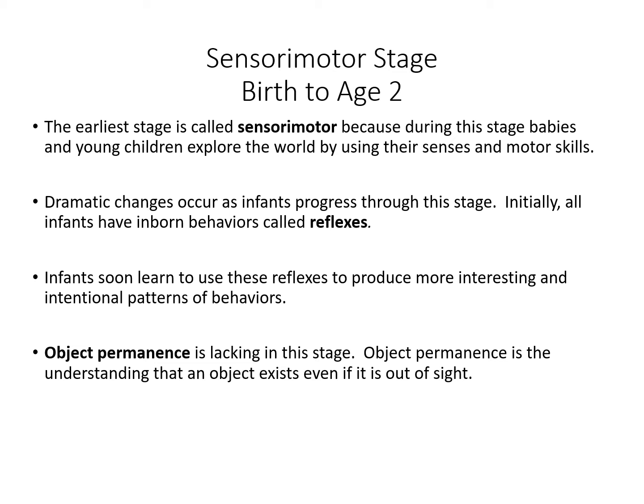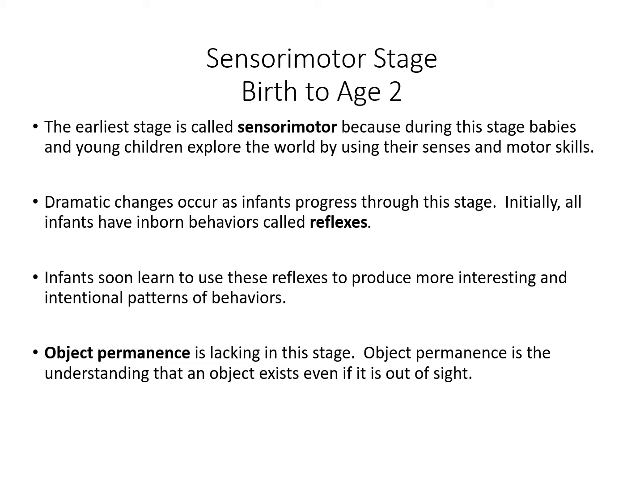Sensorimotor also includes a lack of a trait called object permanence. Object permanence is the understanding that an object exists even if it's out of sight. Babies at this stage do not exhibit object permanence.